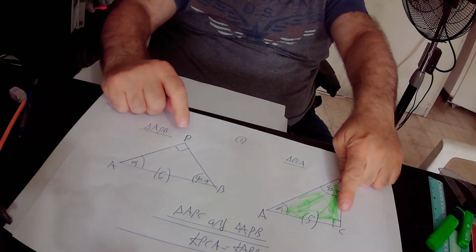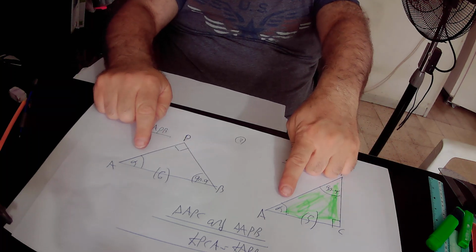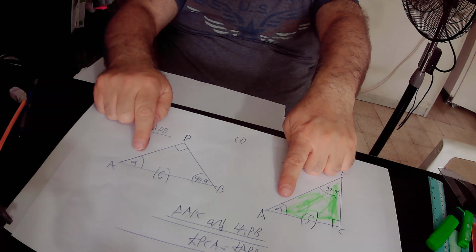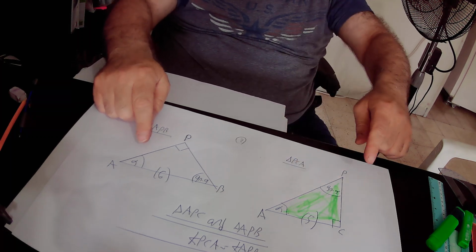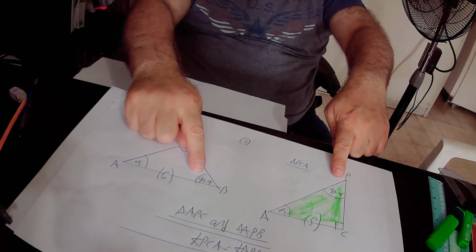First of all, those two angles are both equal to 90 degrees, therefore they are equal to each other. In addition, this is angle alpha, that is a common angle that belongs to both triangles, so we can find out that angle alpha equals to itself. And finally, those two angles are both equal to 90 degrees minus alpha, therefore they are equal to each other.